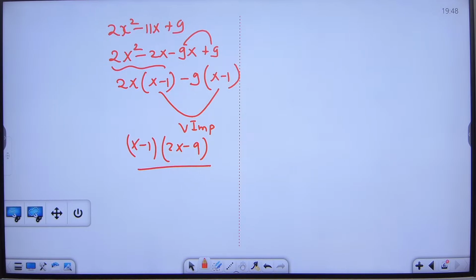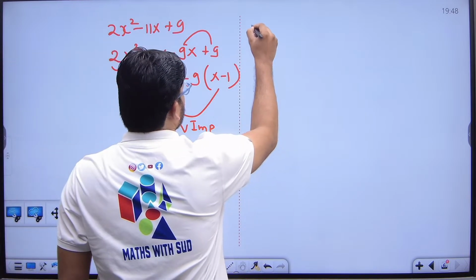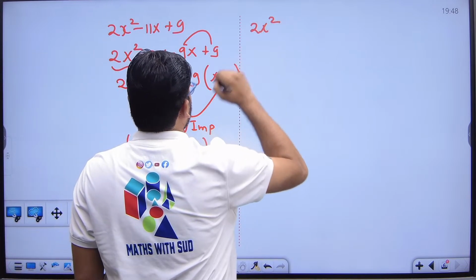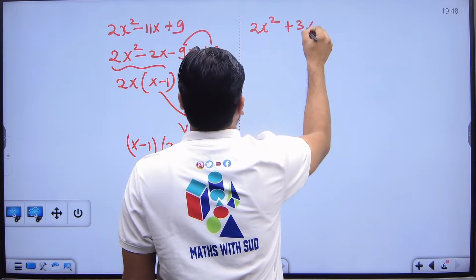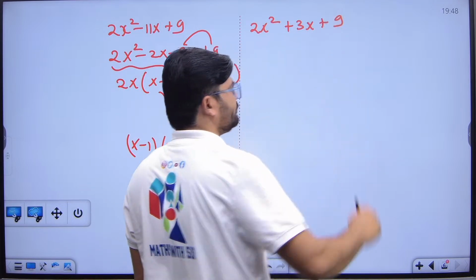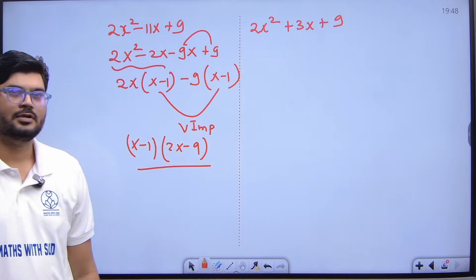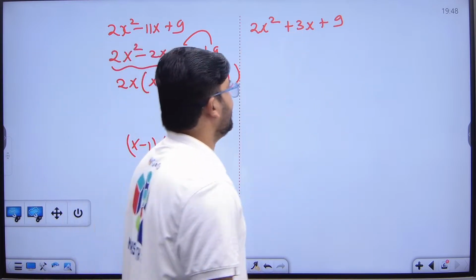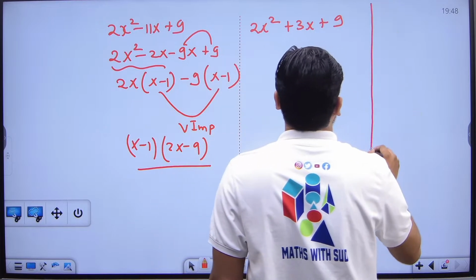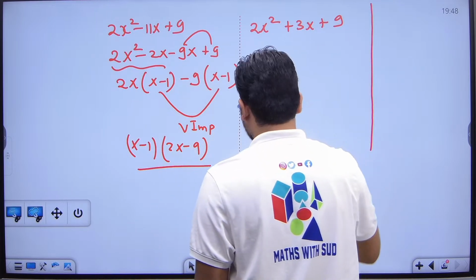Okay. So with a slight bit of change in the question, I can write 2x square plus 3x minus 9. See, with the same kind of numbers, I have a different number now in the middle.